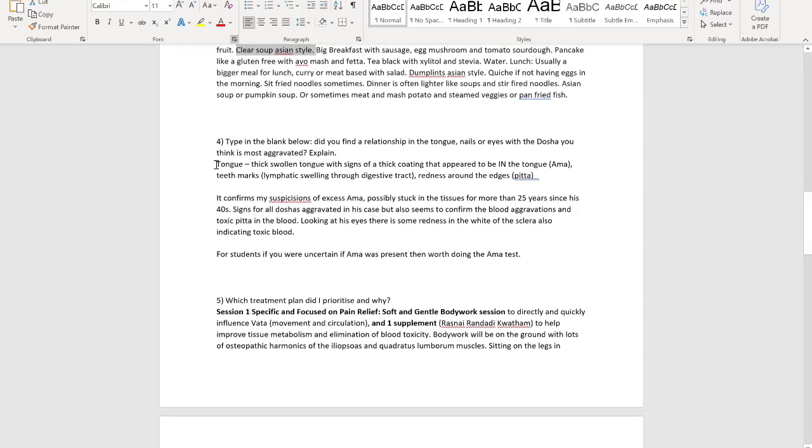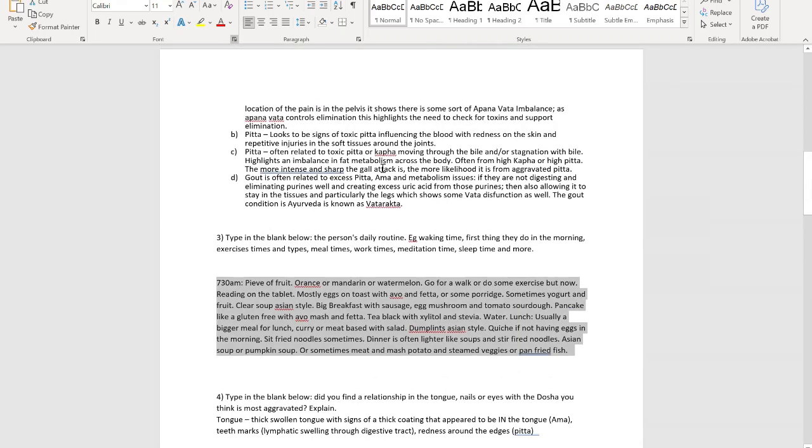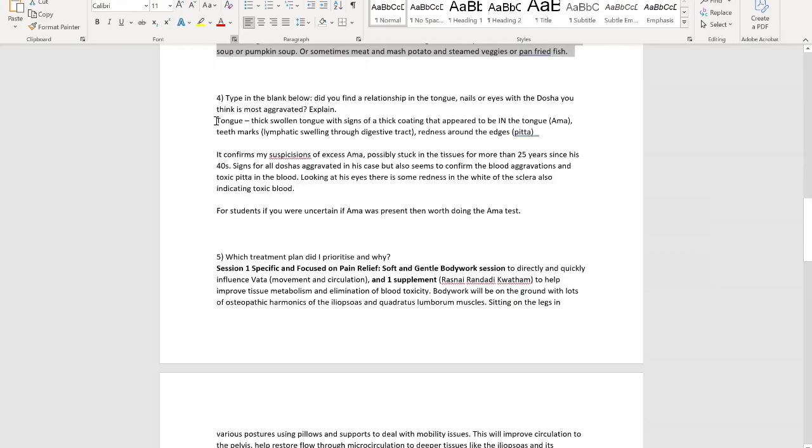The tongue, as we start to look and try to confirm: do we see a relationship between the causative factors that we think are here in the lifestyle and what's happening inside the body? And therefore, do we see that relationship in what we can see on the tongue or the eyes or touch with the pulse?